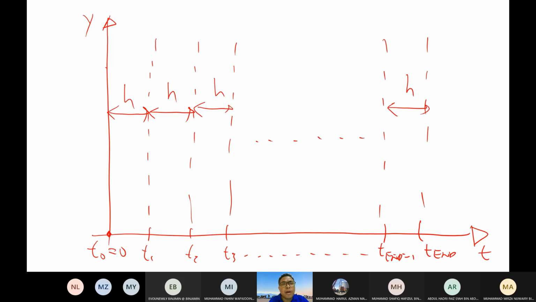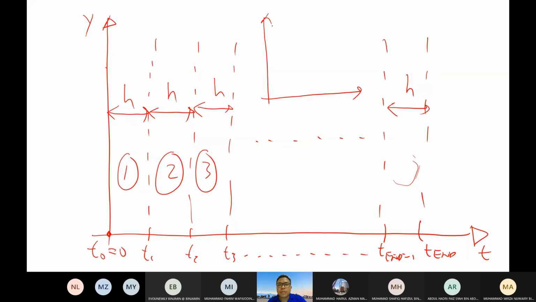And let's say the number of intervals: this is my first interval, this is my second interval, this is my third interval. What will be the number here? Is it 5? Five is tn, and the number of that interval, how much?